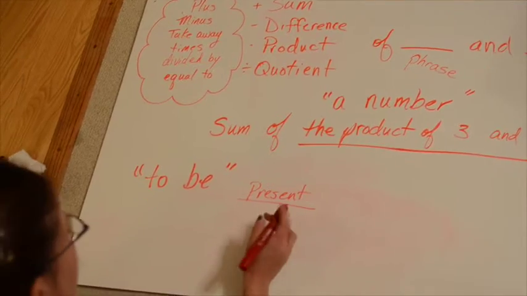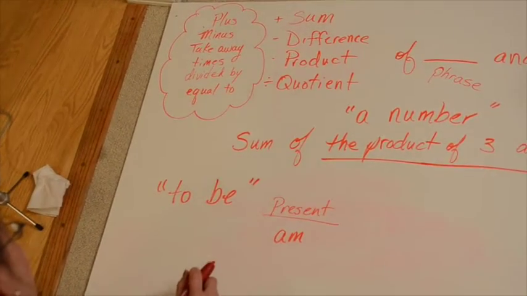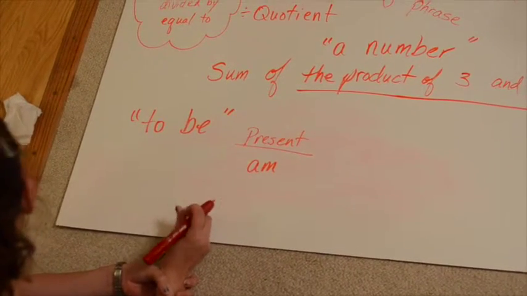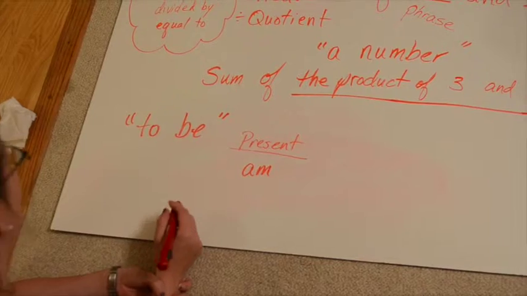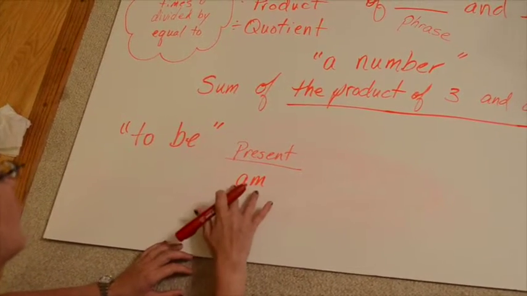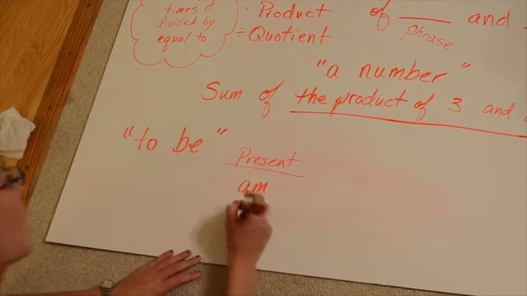First person present tense is am. You'll very rarely see this unless the problem is the number talking to you. I am this. I am 5 years younger than I used to be. What is my age now? Kind of problem. So we don't see it very often, but it is the present tense of to be.